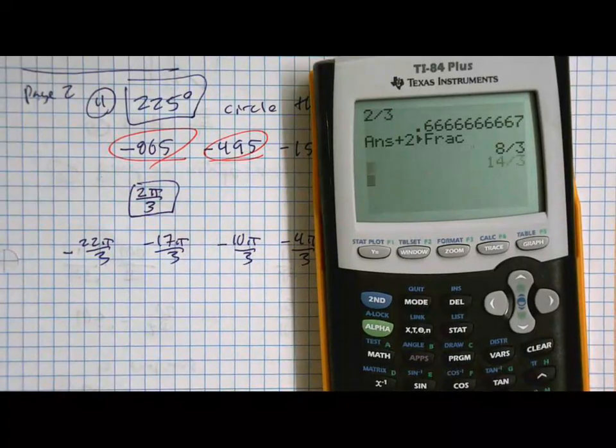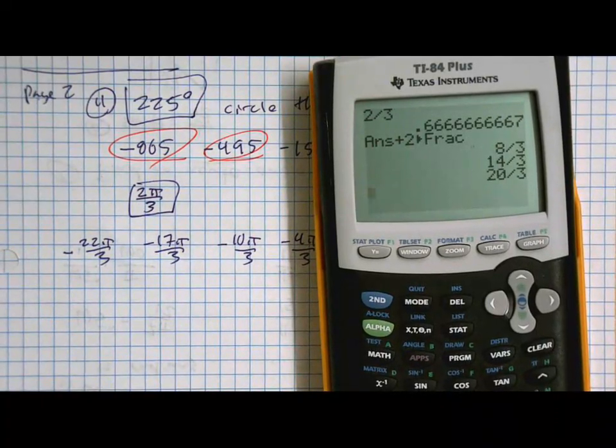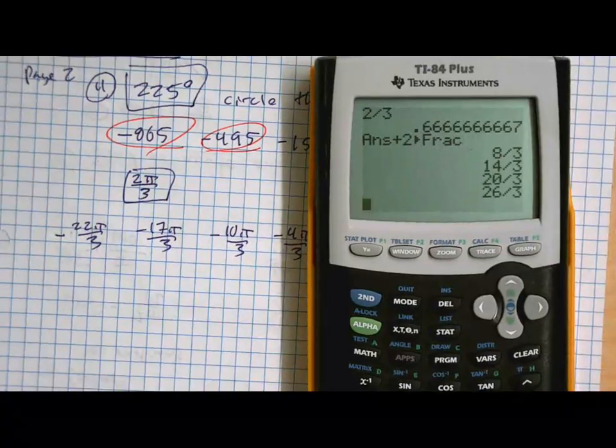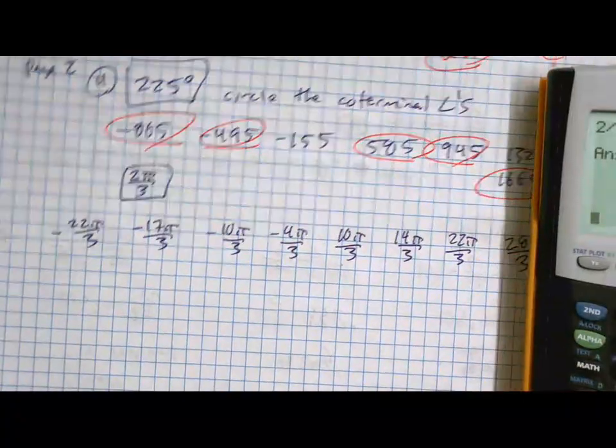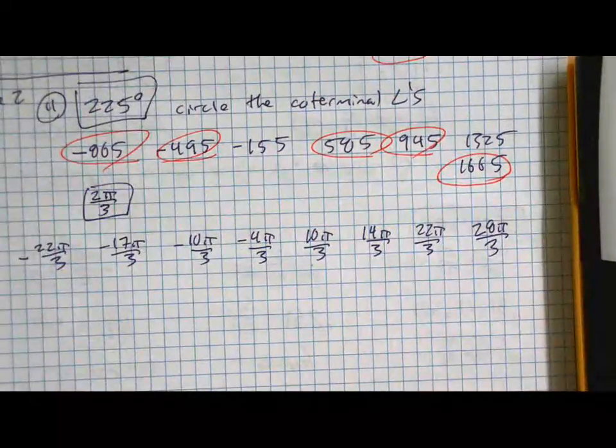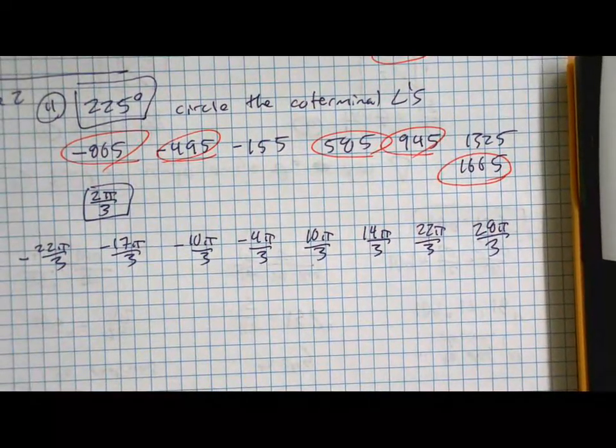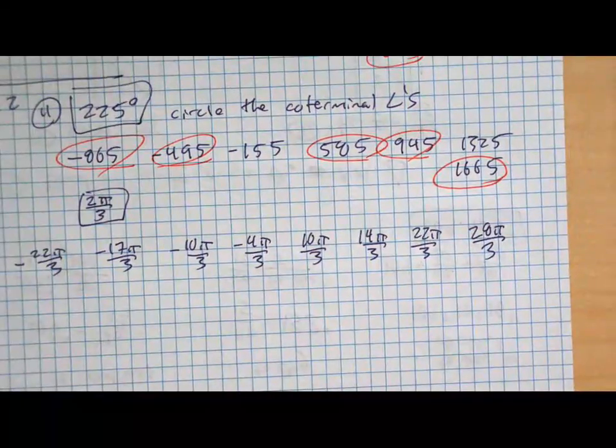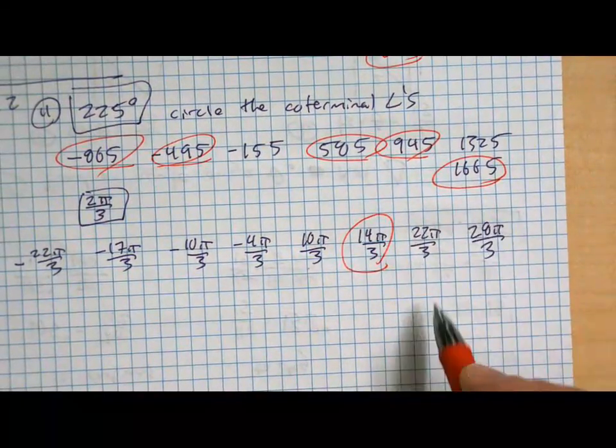So 8 pi over 3, 14 pi over 3, 20 pi over 3, 26 pi over 3. 2 pi over 3. So which ones match here? Not that. This one does. Not that.